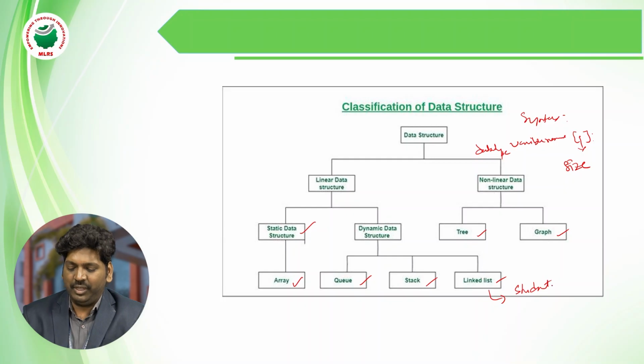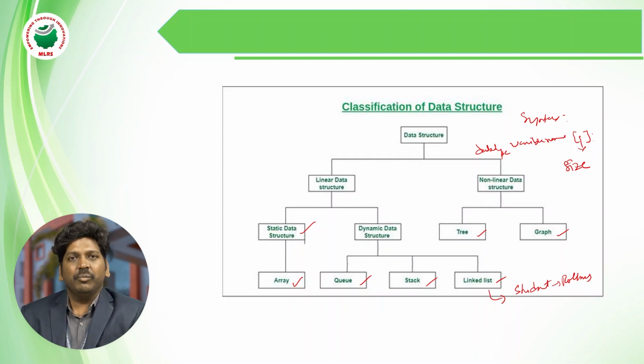The best example is roll numbers. Roll numbers cannot be duplicated, but names can be duplicated. In the case of a list, if I want to connect my data one after another, the best example is a student roll list. Then in the part of the linked list, whenever we need to understand it, we have types of linked lists.